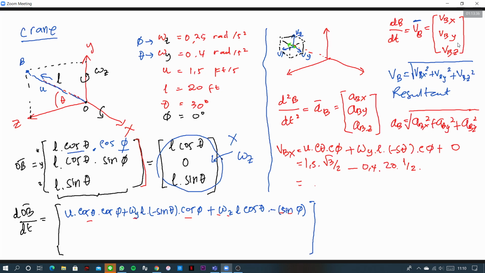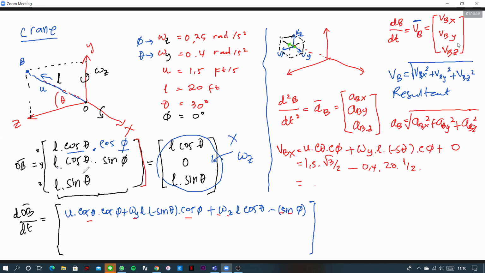So any other questions? All right, so let's check the second. The second will be also more or less the same. Please remember partial derivative. It means you have to derive one by one.